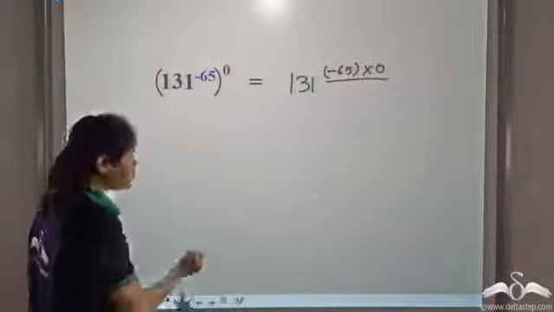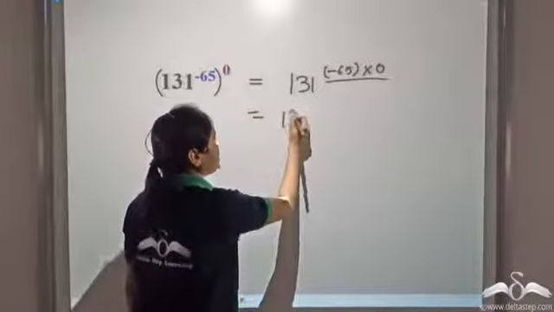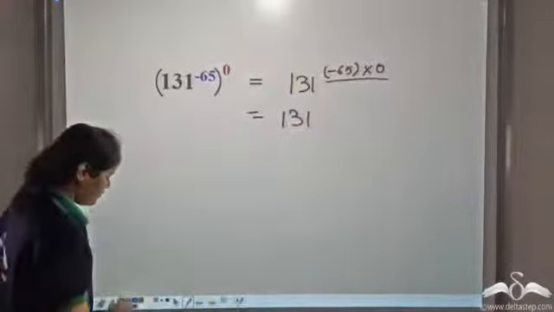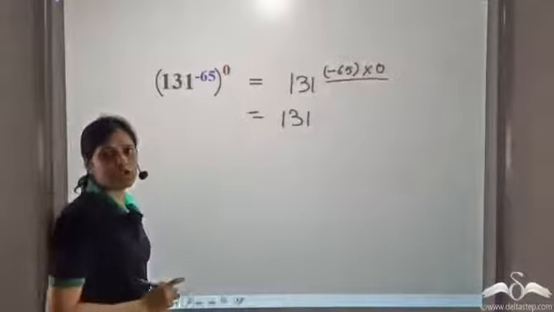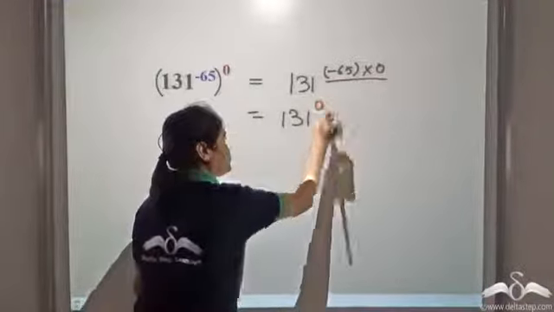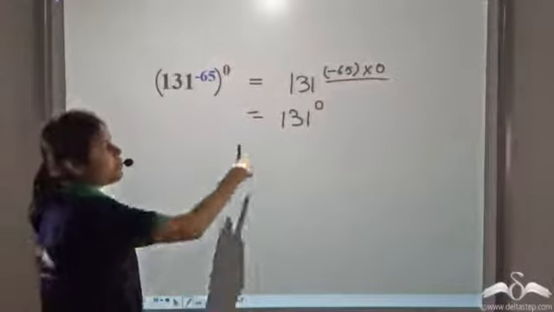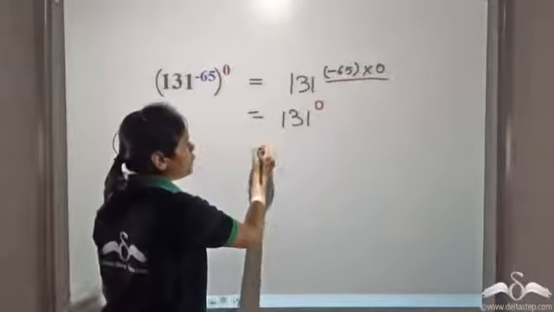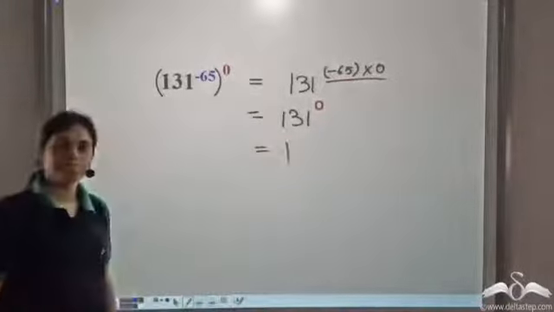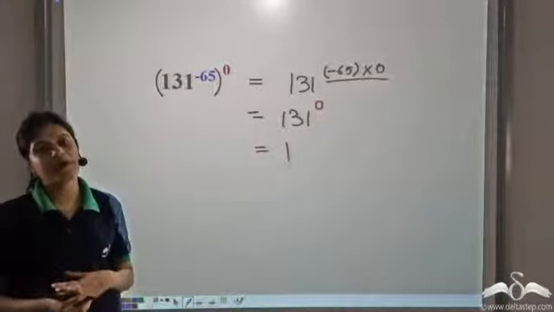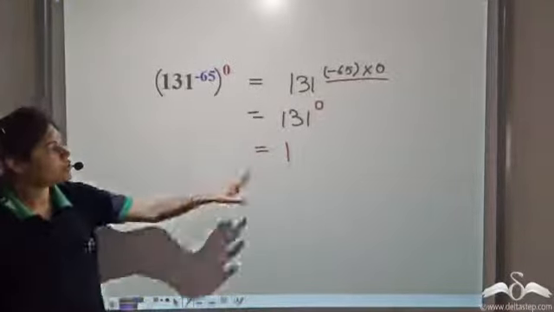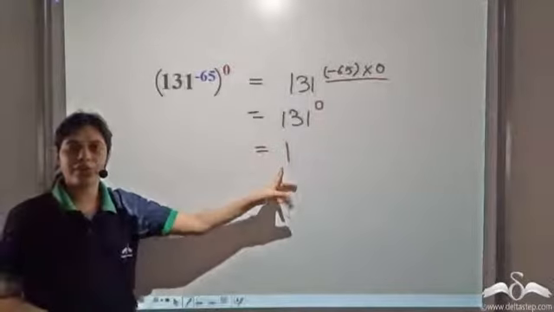So this gives us 131 to the power negative 65 into 0, which is 0. Now 131 to the power 0 is equal to 1 because any number raised to the power 0 is 1. So the answer for this is 1.